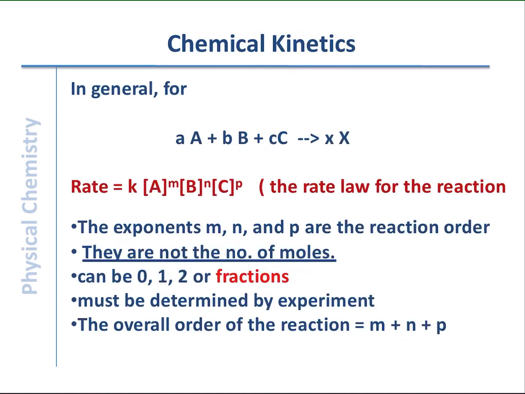From this general equation you can calculate the rate constant. If you have the concentration of A and B, and you know the reaction order of A and B, and you know the rate of reaction at this specific time, you can calculate K.